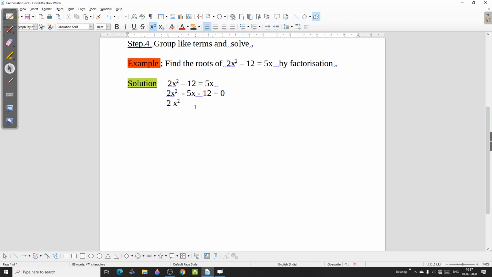In place of minus 5x, we'll write minus 8x plus 3x, and minus 12 equal to 0. So what we have done, we have written b as b1 plus b2.